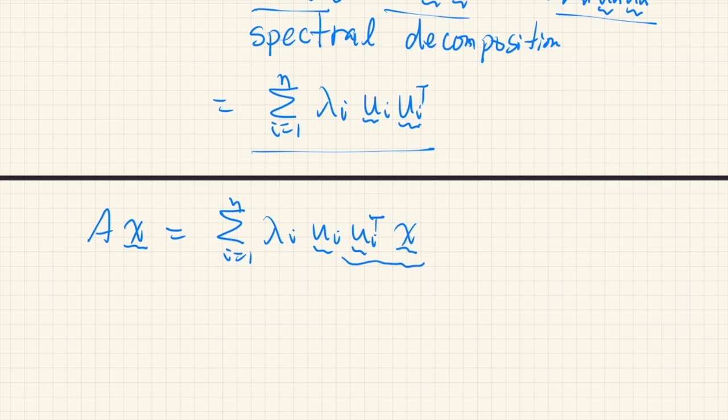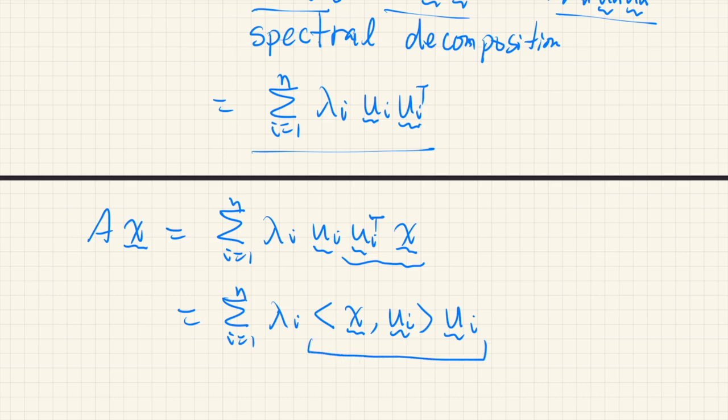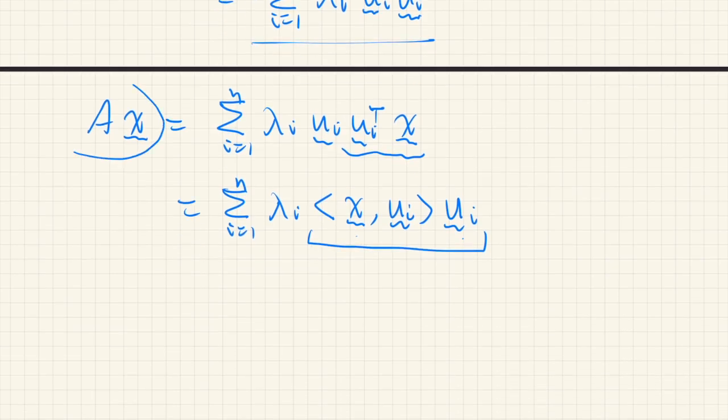But this part is the inner product. So we can also write this as lambda i times the inner product between x and ui. But look, this part is the projection of x on ui. So what this means is that the application of the matrix A can be considered as this.